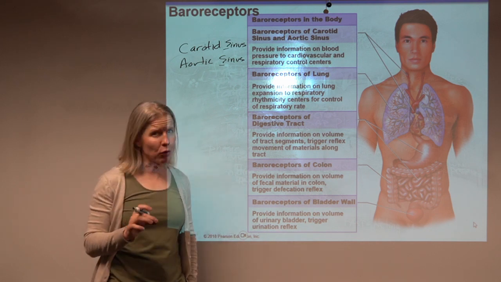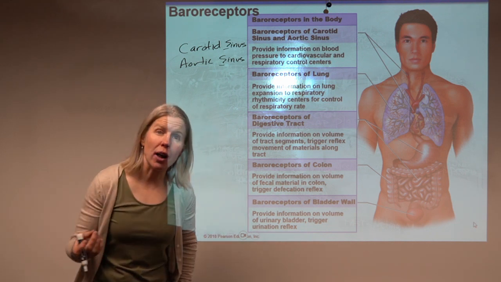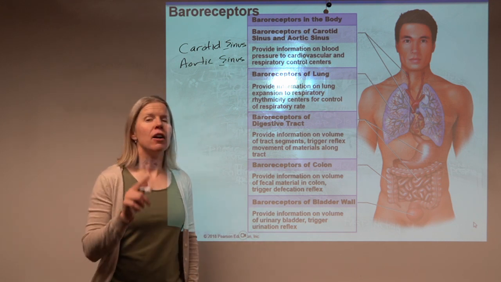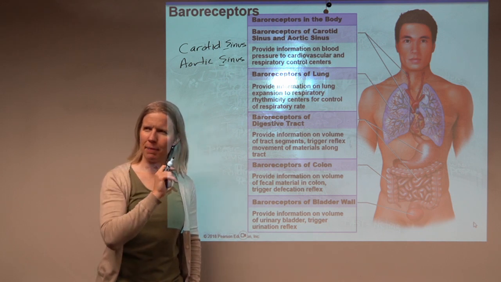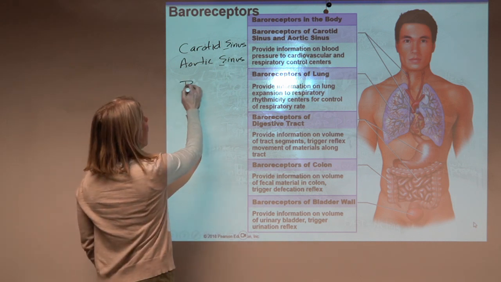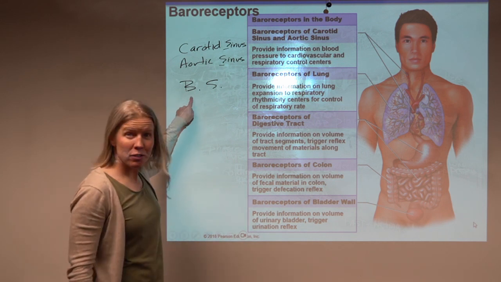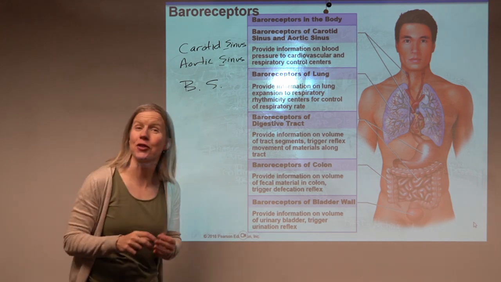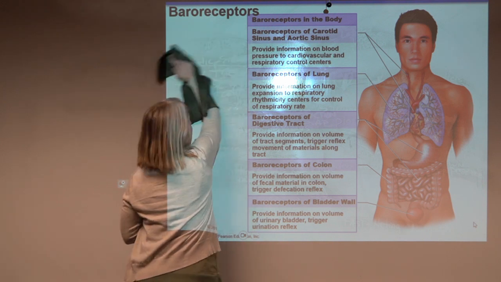We'll talk about chemoreceptors located in the same locations that are sensing things like pH or oxygen levels, and those are going to be called the aortic and the carotid bodies. Very annoying, because baroreceptor starts with a B. They're not in the bodies, they're in the sinuses. And I think that is some BS, that the baroreceptors are located in the sinuses. If that helps you remember, go with it. Otherwise, just ignore me. So these baroreceptors are sensing pressure differences.